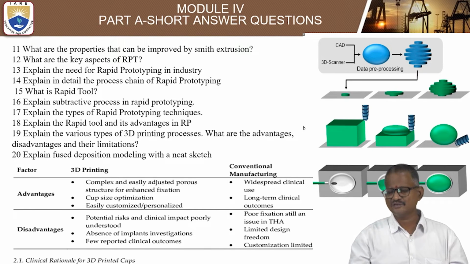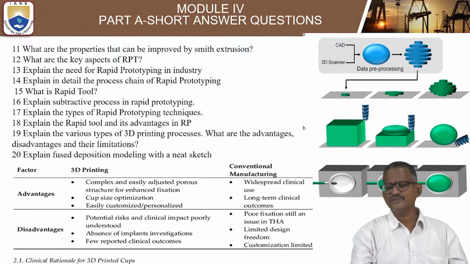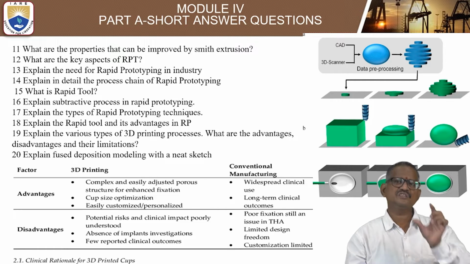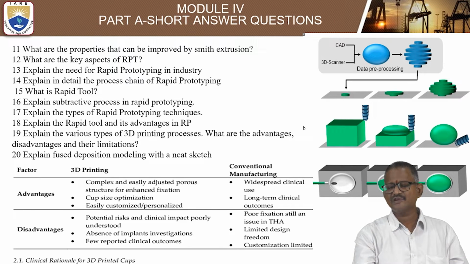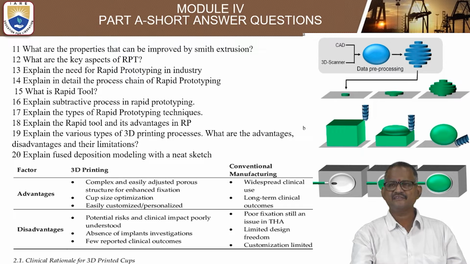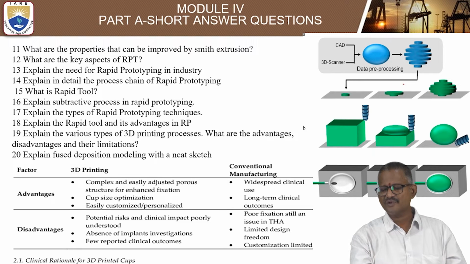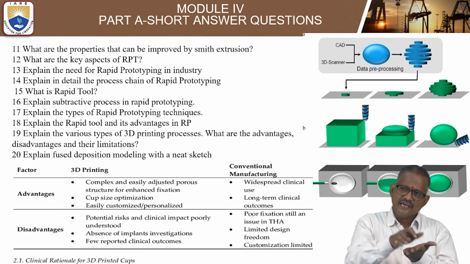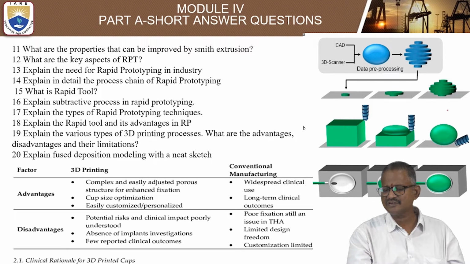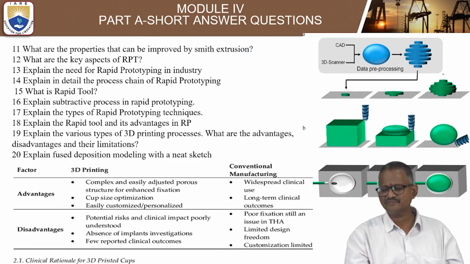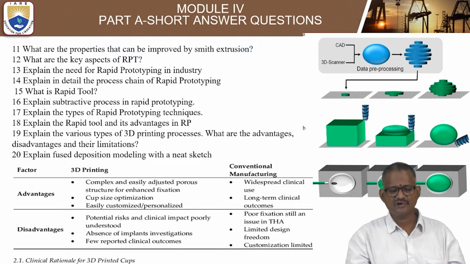Whatever thing you need, with some design and data processing, finally a 3D product can be obtained. Look at a simple schematic diagram of how rapid prototype printing or 3D printing is done. First the diagram is taken into CAD or a 3D scanner and processed, and the material is formed layer by layer so that whatever shape is needed is obtained.